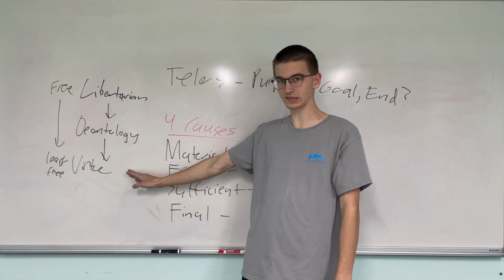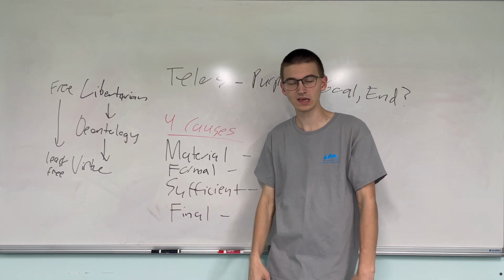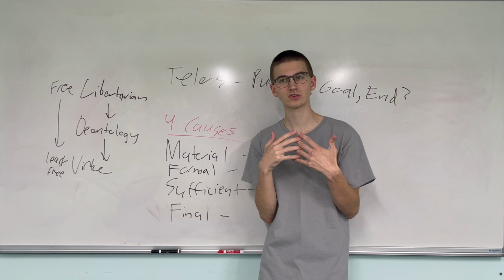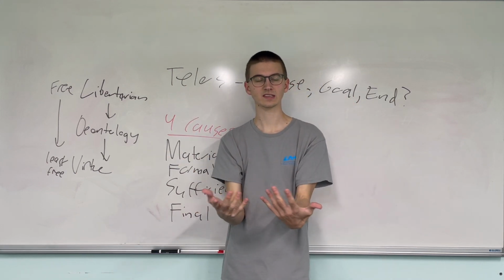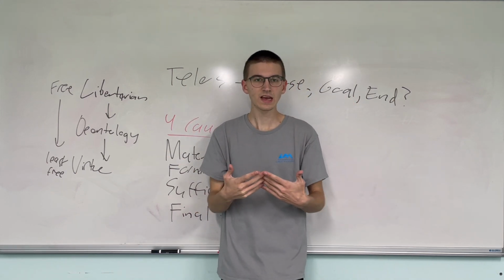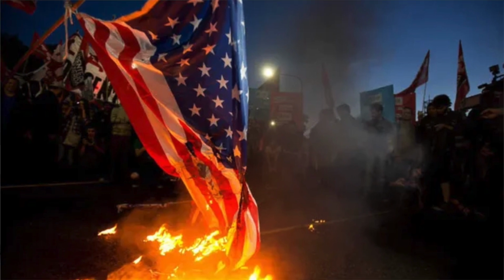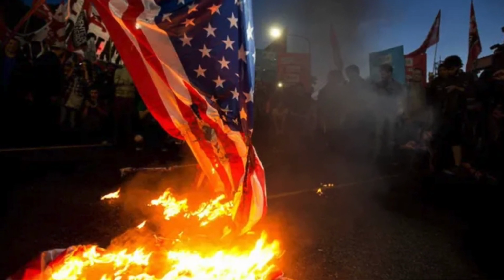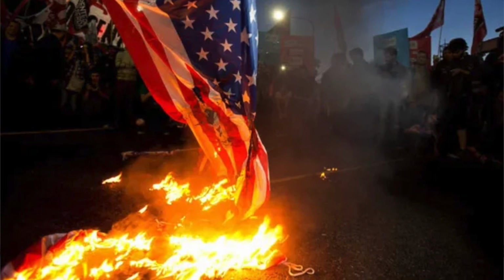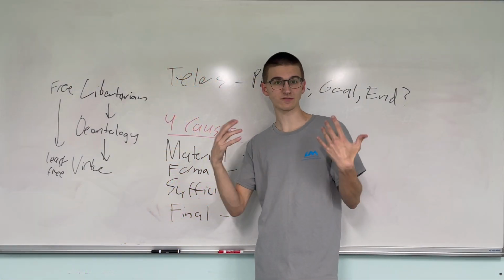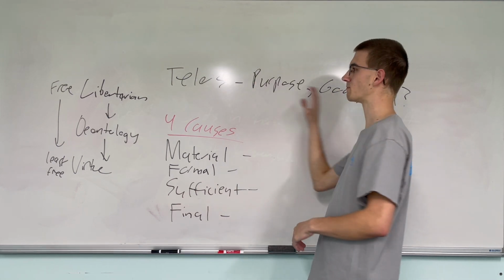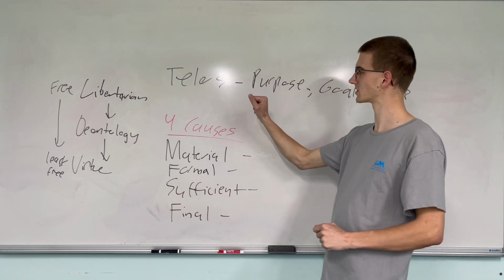A virtue ethicist might say, no, if we want to live in a good society, we have to promote a society of good habits. And if everyone starts burning the flag, we're going to lose our sense of patriotism. And our society is going to fall out of virtuous behavior because it is virtuous to care for your country or whatever. So Aristotle's going to appeal to something like this.